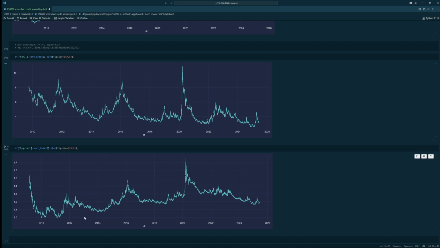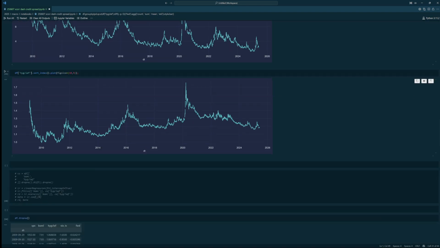Yeah, it probably has to do with the fact that this is a price and this is an interest rate. I guess you also do have dividends or the interest payments coming out of this, but yeah, I don't really know how that impacts it. I'm not really sure what to do about that. Okay.